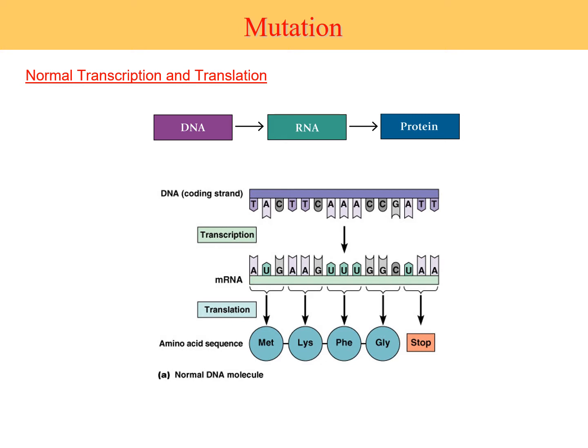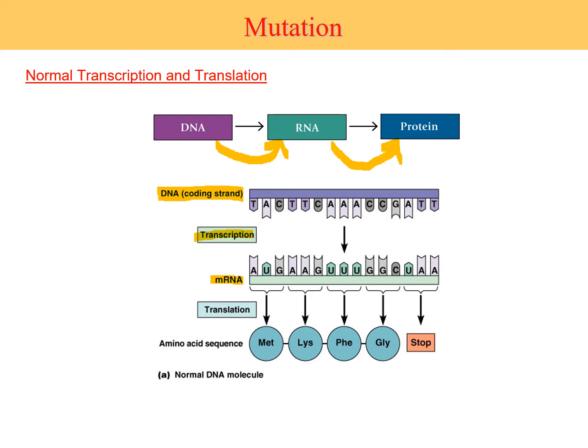The alteration of a single nucleotide in the DNA coding strand in a gene can have important effects. In the normal situation, I remind you that genes are in a single strand of the double-stranded DNA, so the gene would be on the coding strand. By the process of transcription, a messenger RNA transcript is made, and then the information in the transcript is used to make the particular protein.